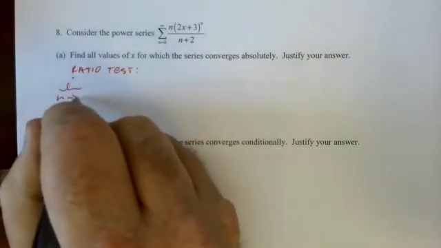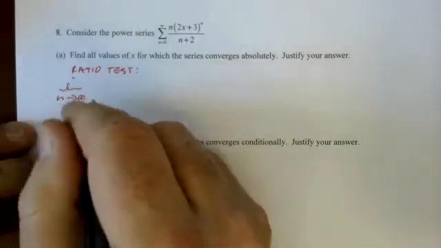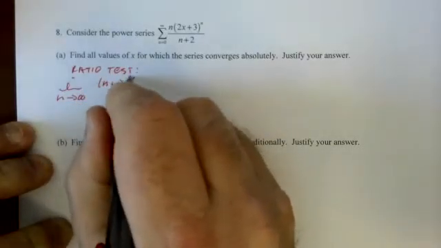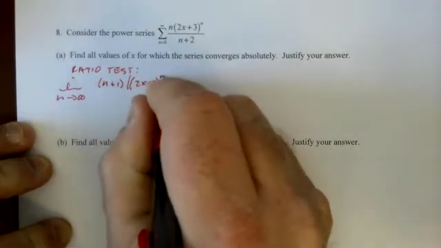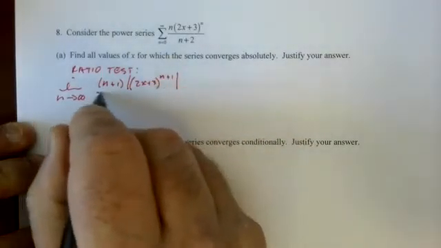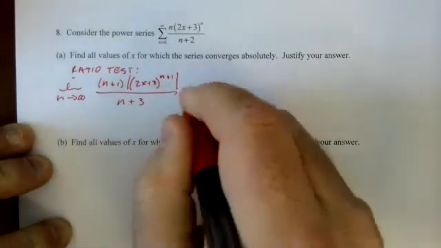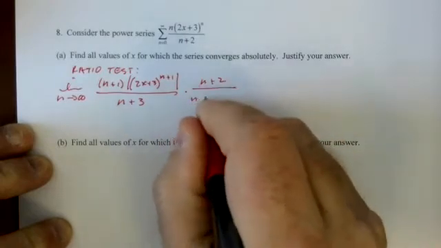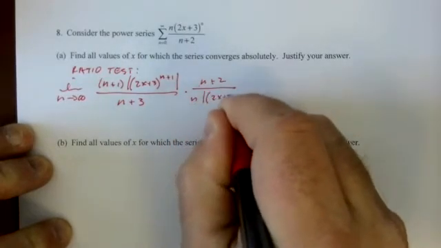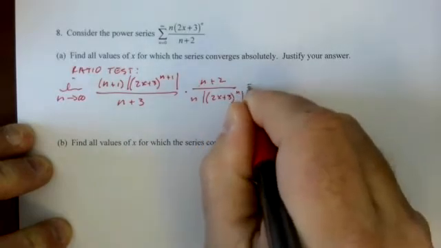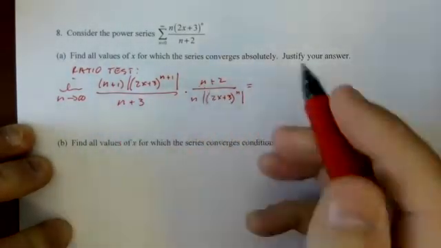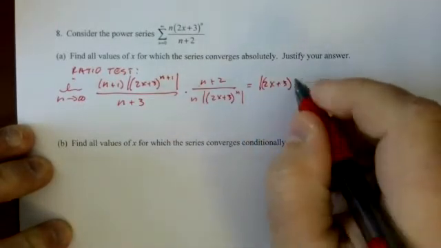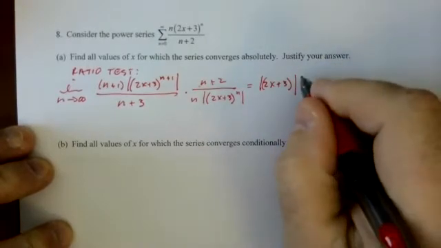Limit as n goes to infinity of (n plus 1) times (2x plus 3) to the n plus 1, over (n plus 3), times (n plus 2) over n, times (2x plus 3) to the n. The n terms go to 1, leaving the absolute value of 2x plus 3.